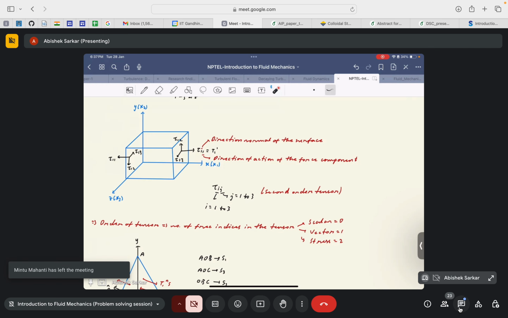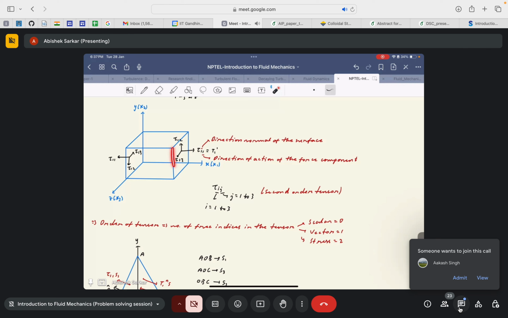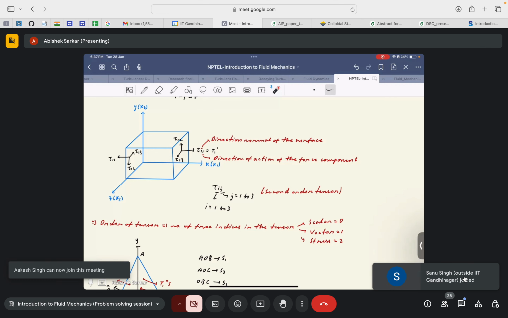The first index denotes the direction normal to the surface, that is, the surface with respect to which the direction of the force is normal. You can see that this surface has a normal in the x1 direction.